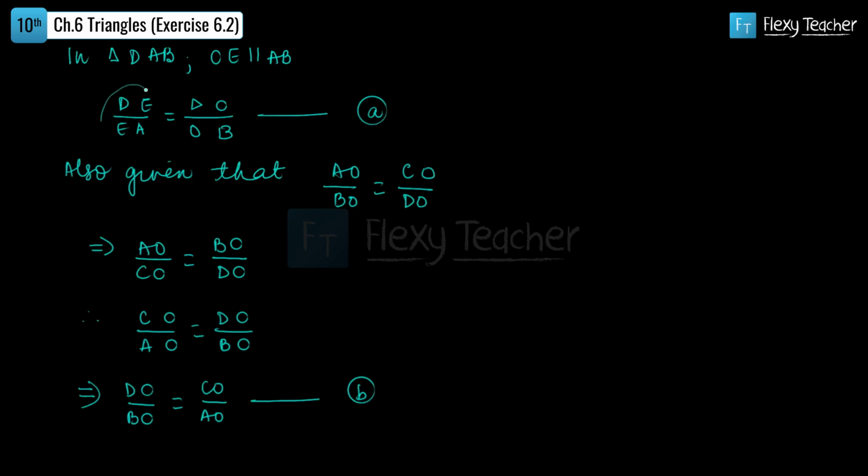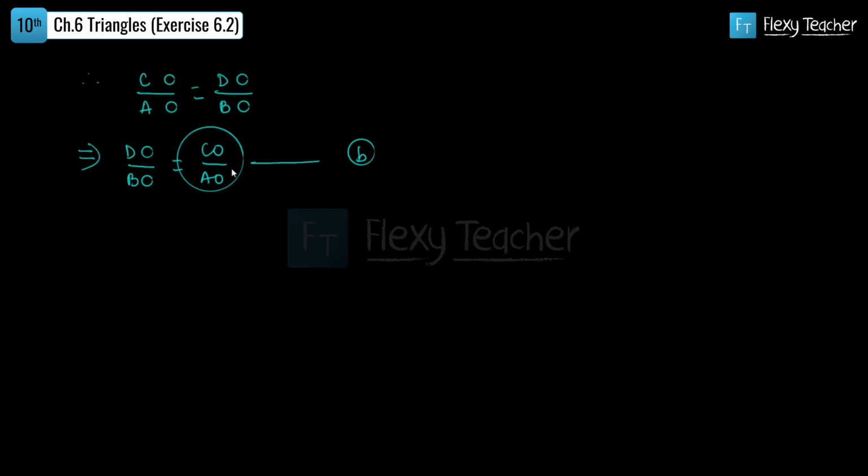These two will become equal. Why? Because the ratio of both is equal to DO upon OB. Okay, therefore from A and B we can say that DE upon EA is equal to CO upon AO.